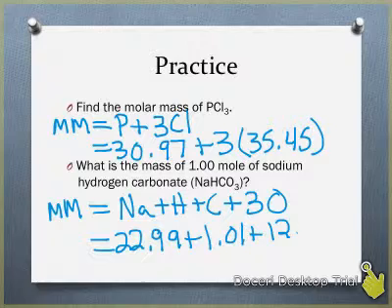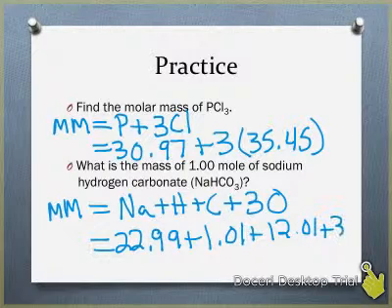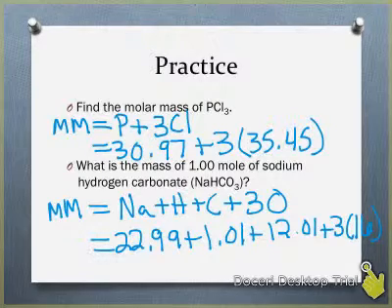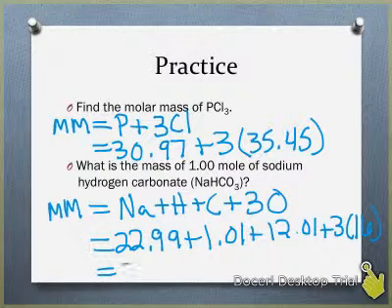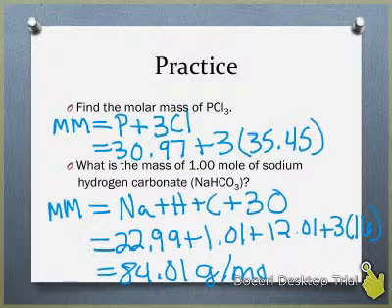Carbon is 12.01. And then we have 3 oxygens, which is 16. Again, I'm going to plug all this in my calculator, right? So 22.99 plus 1.01 plus 12.01 plus 48, we get 84.01 grams per mole, right? Again, what did I just create? My conversion factor.